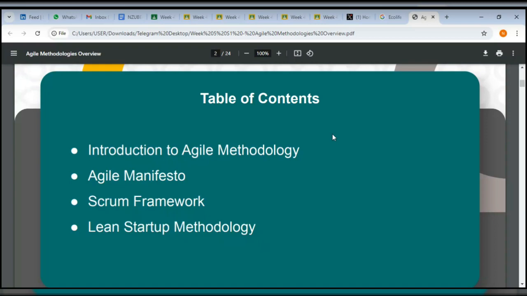But the concept of product management is tied to digital products. It's tied to software products, and that is where the paradigm shift happens. But the methodologies that are used for this are the same methodologies that are used for project management, except that you then learn how to apply those methodologies to software development. That's basically the difference between project management and product management. So you use a lot of project management skills in managing your products.